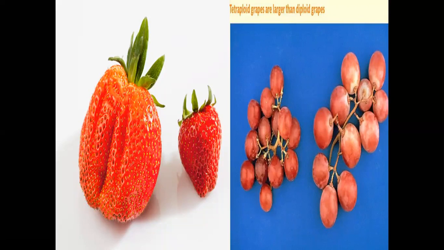The flower and the fruit of polyploid plants are larger in size, increasing their horticultural and commercial value. So this is an octoploid strawberry, and this is a diploid strawberry. Now, what we are finding here are the tetraploid grapes and the diploid grapes. These are the diploid grapes with a normal size, and next to them we can see the tetraploid grapes, which are larger in size.